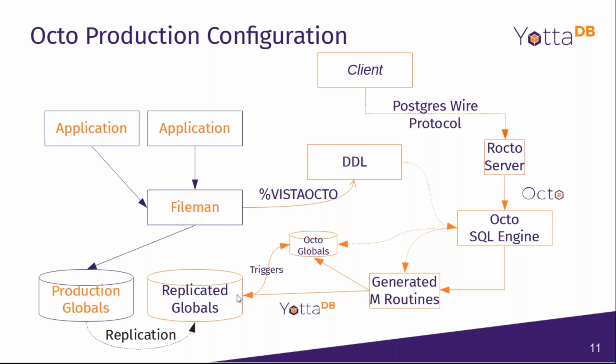A supplementary instance. So YottaDB has two types of replication. It has BC, which stands for business continuity. And what that does is that it's basically a carbon copy of your database. And as a carbon copy, you are not allowed to modify it.